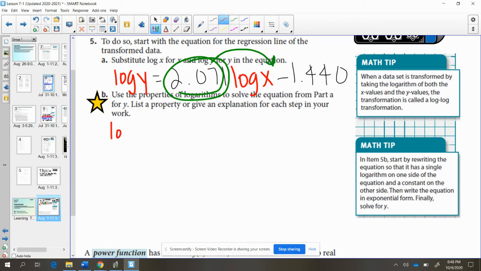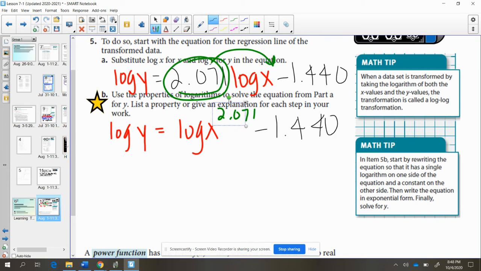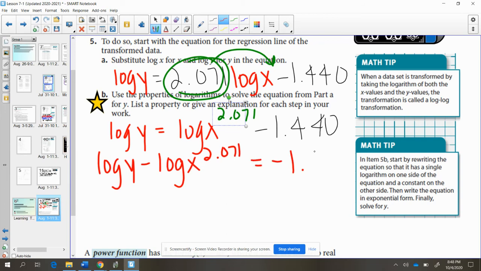So we have log y equals log of x to the 2.071, and then we want to move all of the logs to one side. So we have log y minus log x to the 2.071. Still have that negative on the right-hand side.